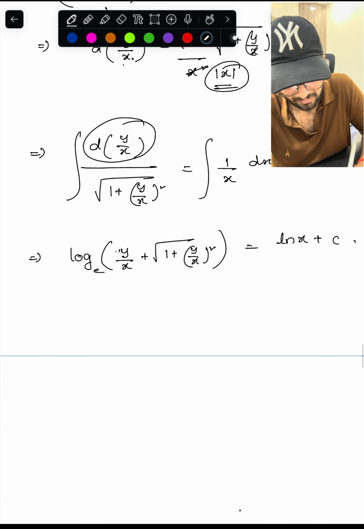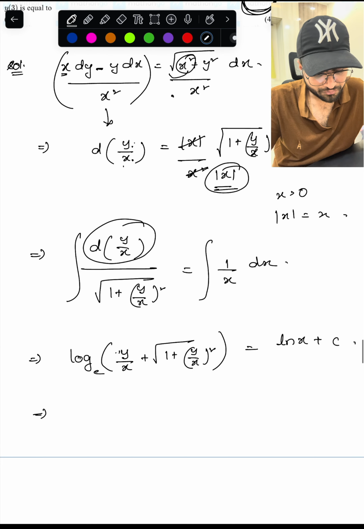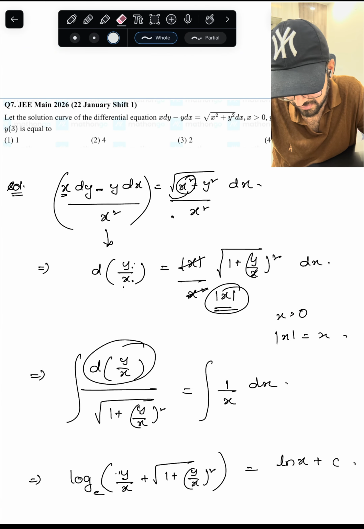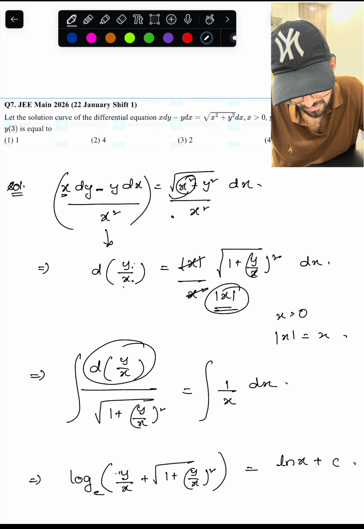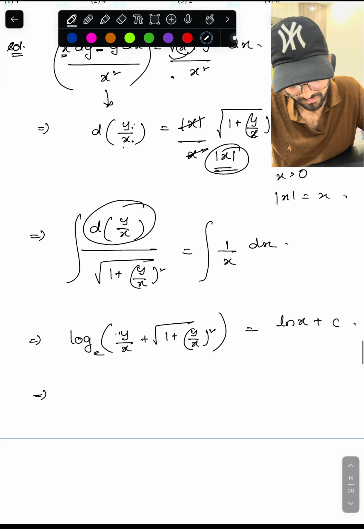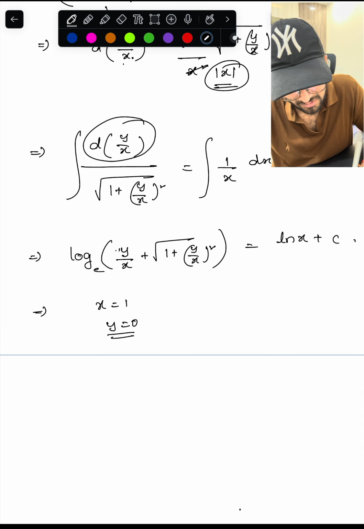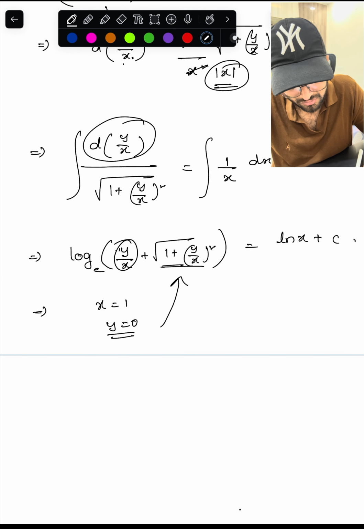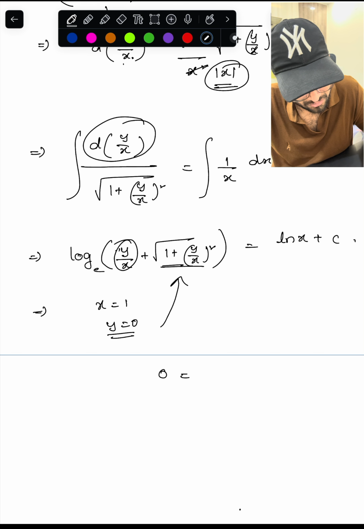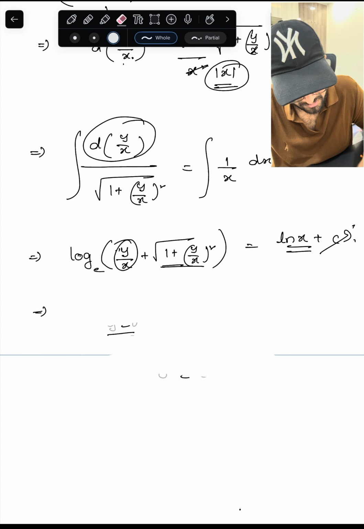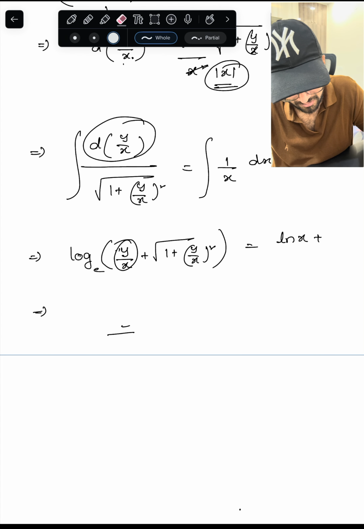Now for c, we need to take the data given. y of 1 is 0 is given. So x equals 1, y equals 0. If you substitute here, this is going to be 0 and this is going to be 1. So log 1 means 0 equals log 1, which is 0, plus c. So c is 0. So we can remove the c here.